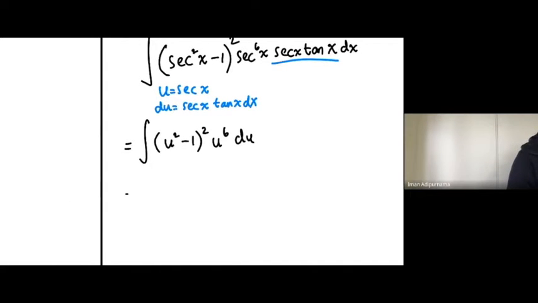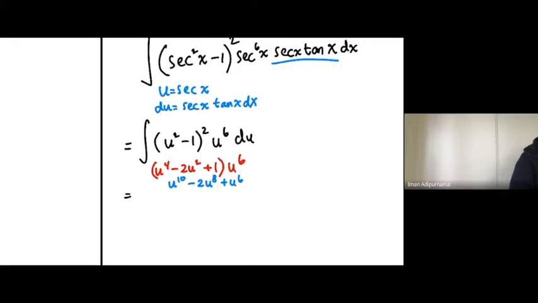We can directly open the quadratic. This becomes u to the 4 minus 2u squared plus 1 and then u to the 6, okay? And then we integrate, or let me write down all the information here.